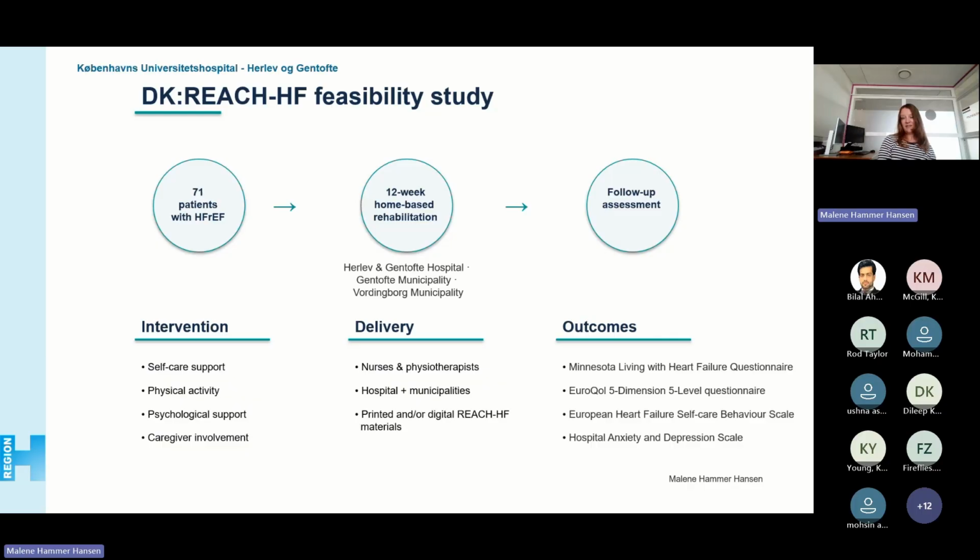So participants then received a 12-week home-based cardiac rehabilitation program delivered by trained nurses and physiotherapists, the so-called facilitators. And the program followed the same overall principles as conventional cardiac rehabilitation, and of course also in line with national and international guidelines.